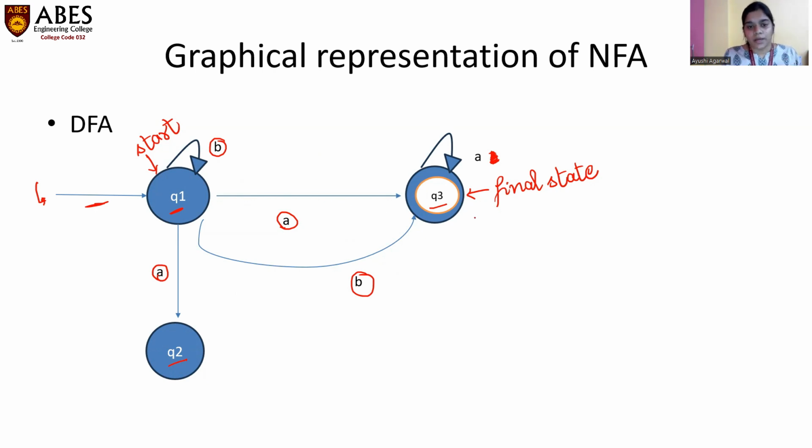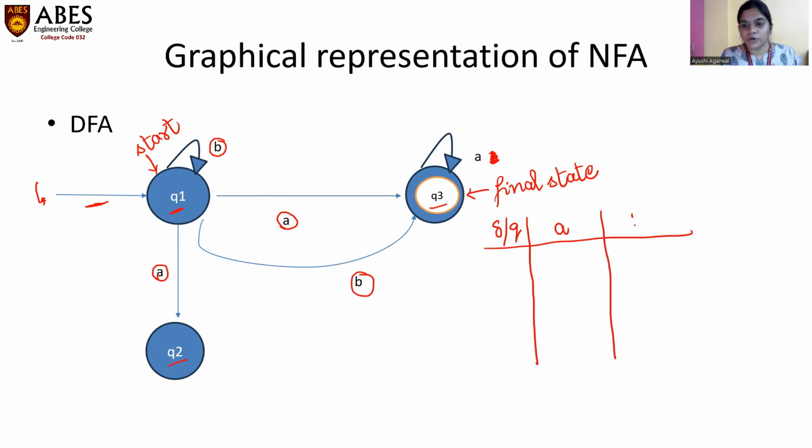Now let's talk about how we can write the transition table for NFA. We can write it like this. Since we have inputs A and B, we will create a column for A and B. We have three states over here. First state is Q1, which is our initial state, then state Q2, then state Q3.